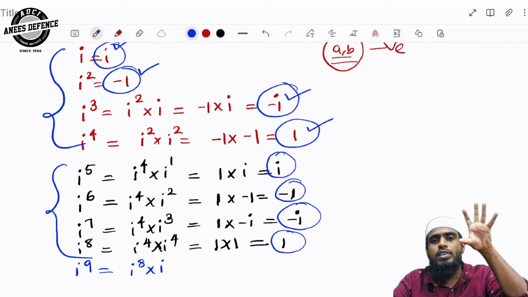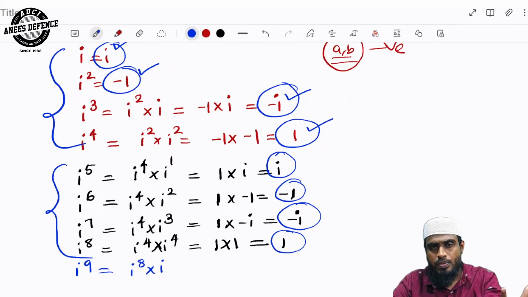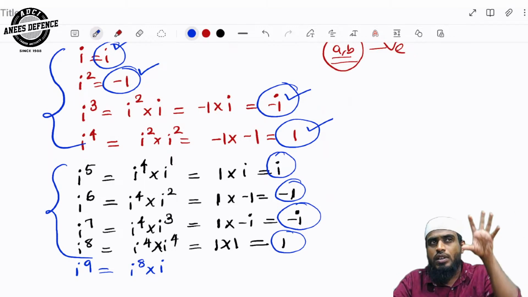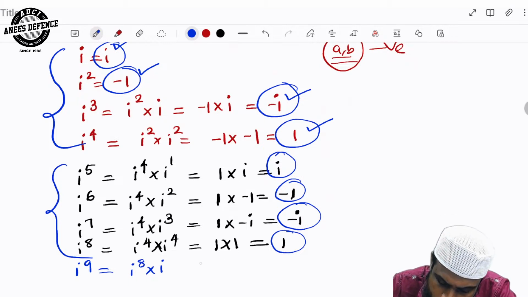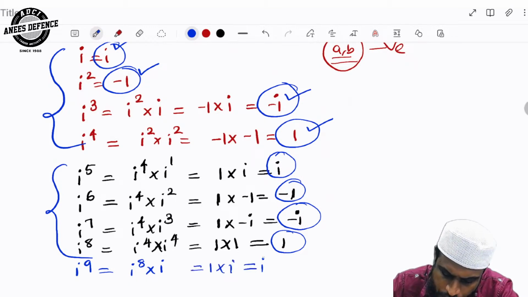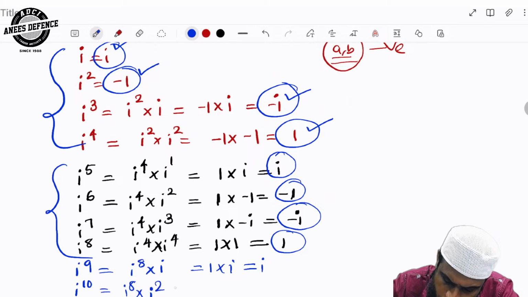So if the power is a multiple of 4, then iota raised to that power will become 1. So I raised to 9 is 1 into iota, the answer will be iota. I raised to 10 equals I raised to 8 into I square, again 1 into I square. I square is -1, the answer will be -1.